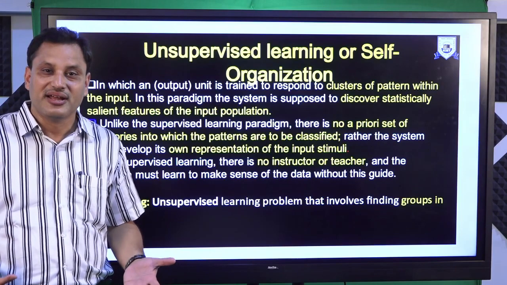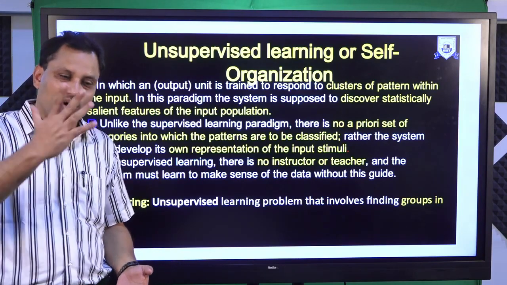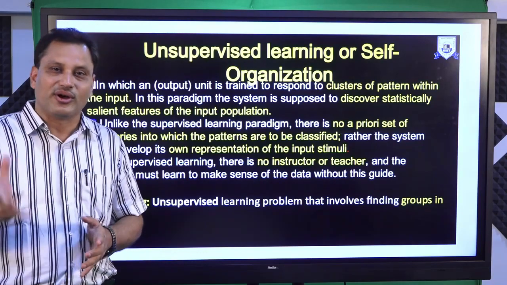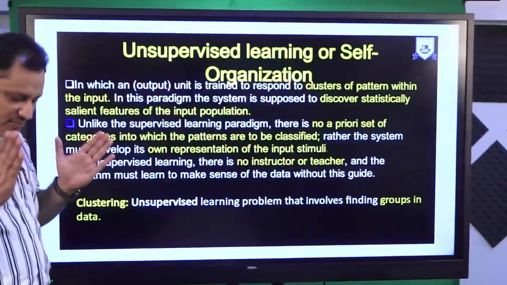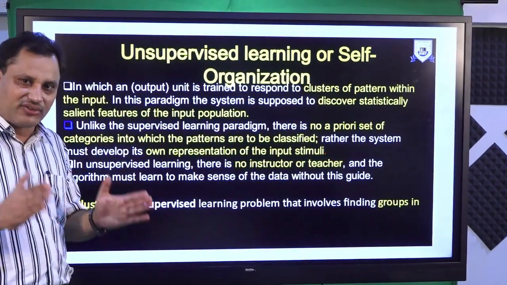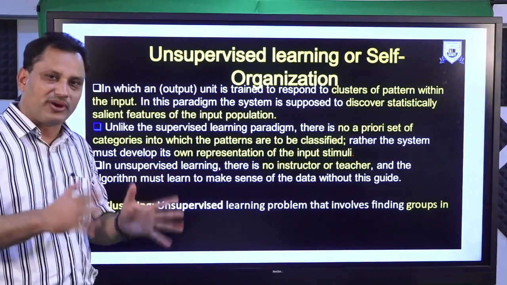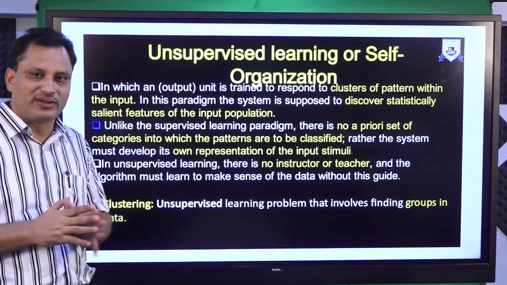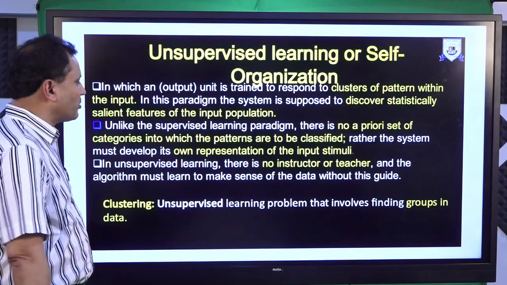You analyze your patterns, and on the basis of the error you adjust your groups. Let me summarize: in supervised learning, the output of patterns or the supervisor is available. In unsupervised learning, that facility is not there. Clustering is an example of unsupervised learning.